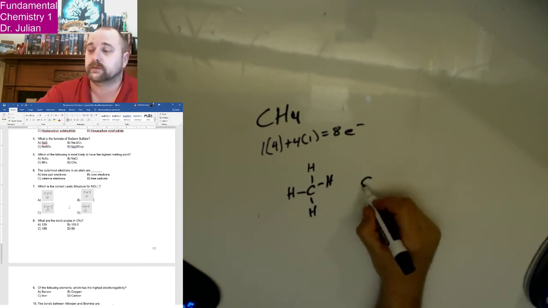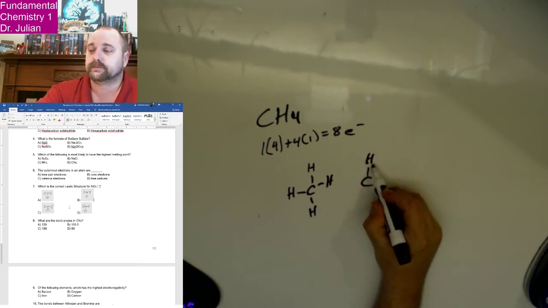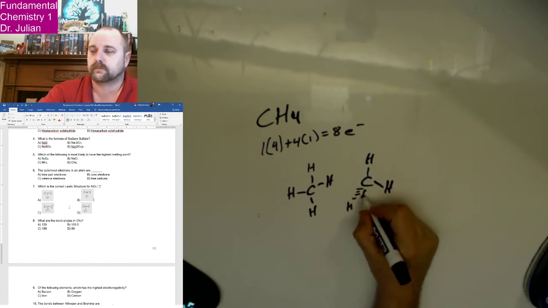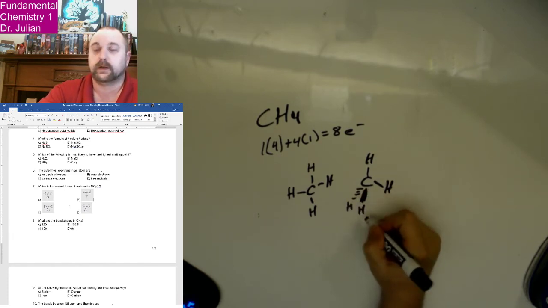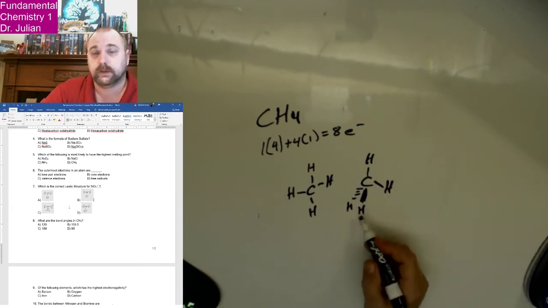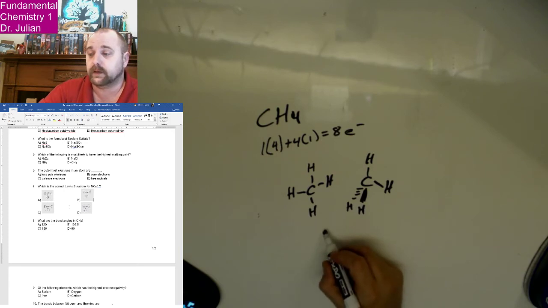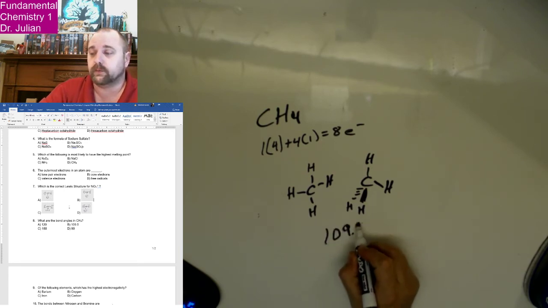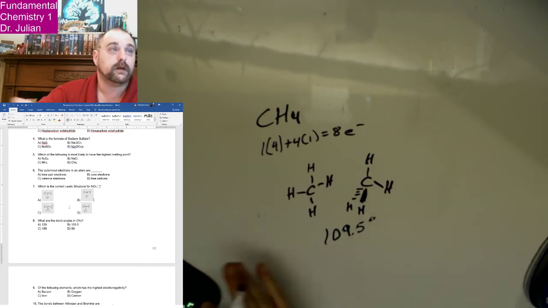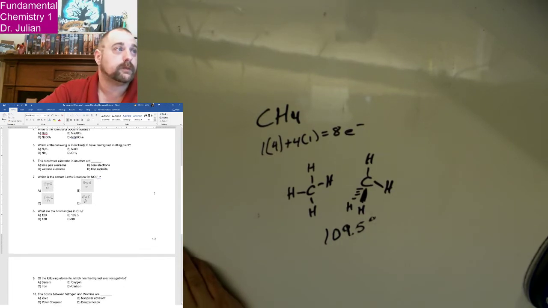This is a tetrahedral, if I were to draw it like that. And so a tetrahedral, 4 things around the central atom, has bond angles of 109.5 degrees. 109.5 degrees.